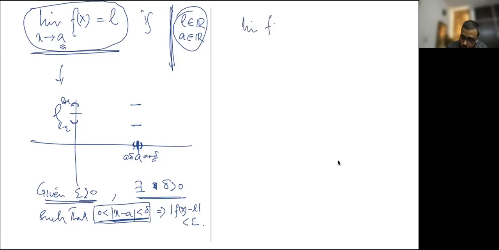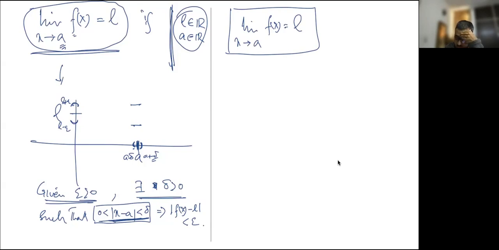So what I wrote down is the definition of this statement: the limit of f(x) as x goes to A is L. Now, for this, f needs to be defined.